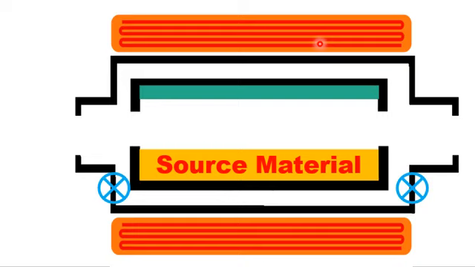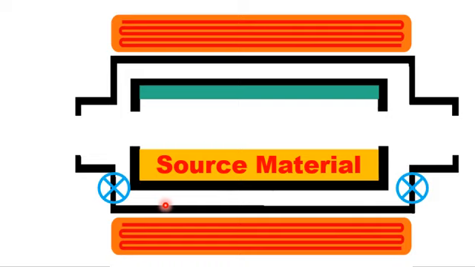But an interesting fact to notice here is that the heater must have a higher temperature than the melting temperature of the source material. So you can adjust high temperature or low temperature heaters depending on your processing requirement.